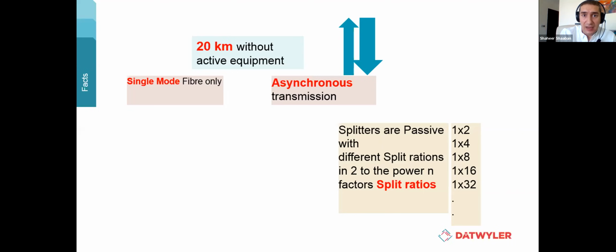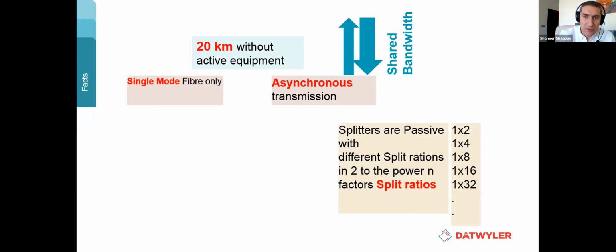It's an asymmetric transmission in most of the cases. Now we have PONs that are symmetric, and asymmetric means that your download speed, or bandwidth, is different than your upstream bandwidth. This is in most PONs, like in GPON or APON, BPON. However, now we have new PON systems that are symmetric as well.